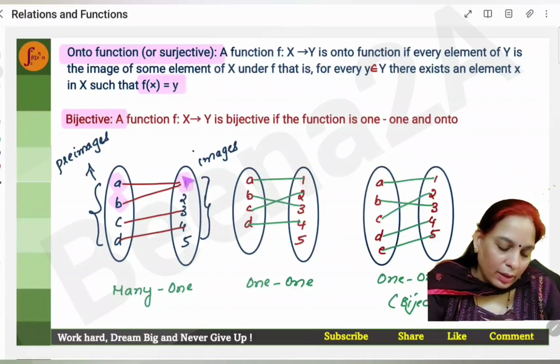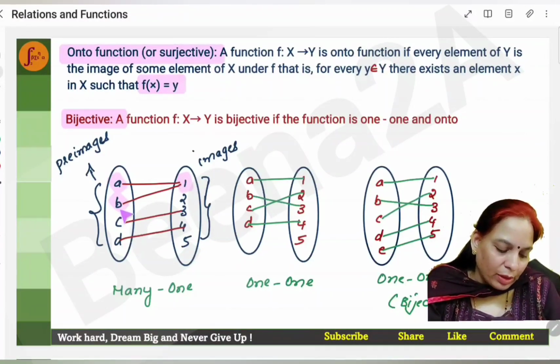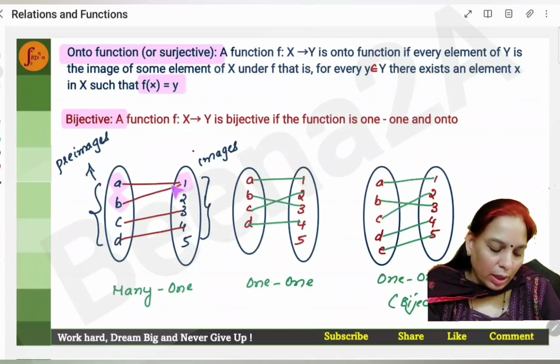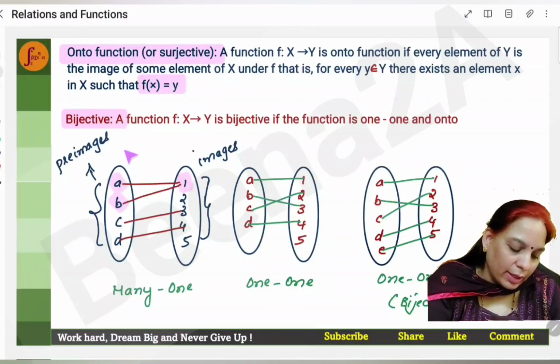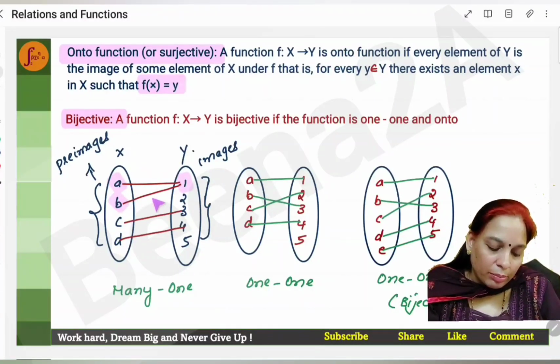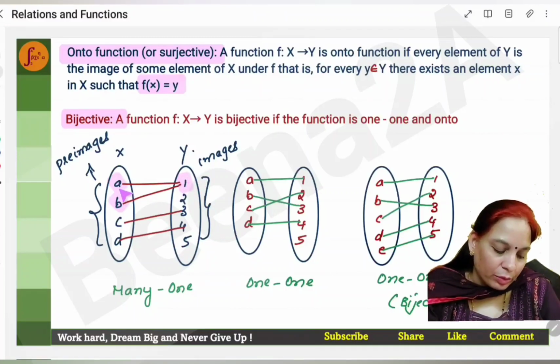So a has an image which is 1, b also has an image which is 1. So the same element 1 is mapped to two elements in set X. So this is many to one, because more than one element in set X is mapped to one element in set Y. So a is mapped to 1 and b is mapped to 1. So this is called many to one.